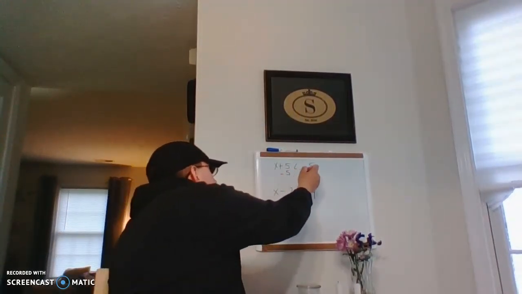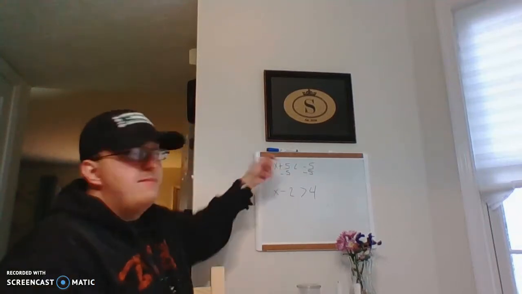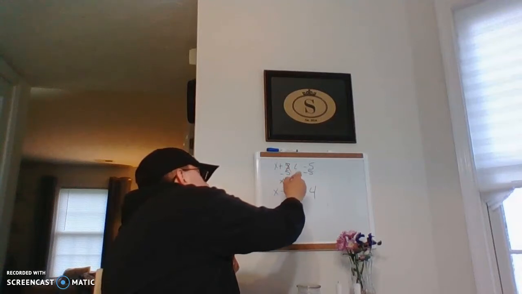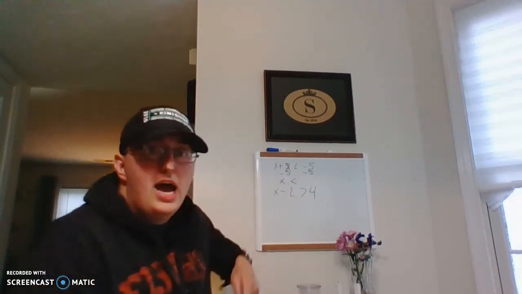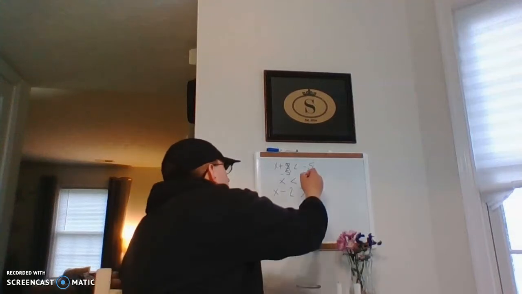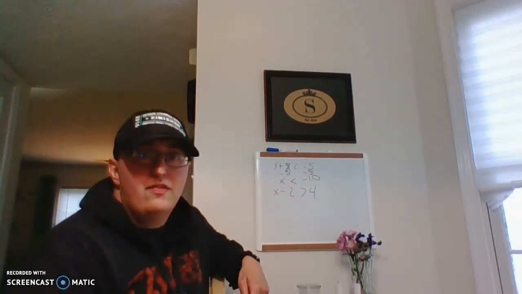Subtract 5, subtract 5. All right. 5 minus 5 is 0, so those cancel out. Less than, and then negative 5 minus 5 is negative 10.